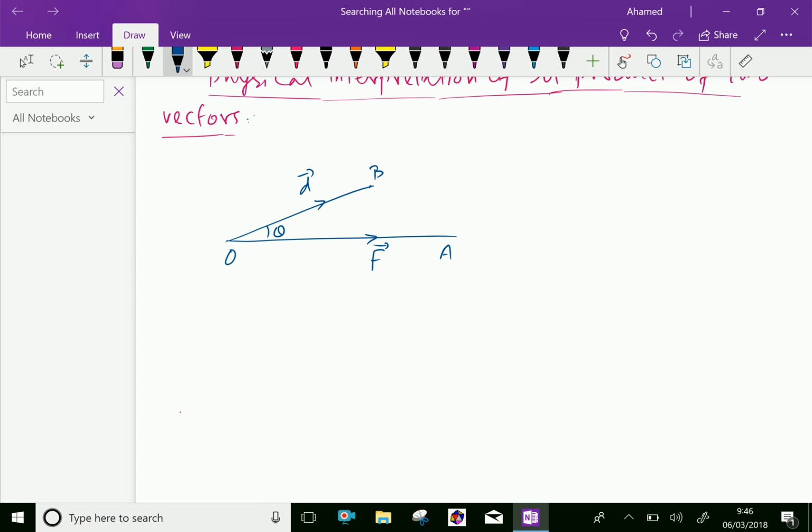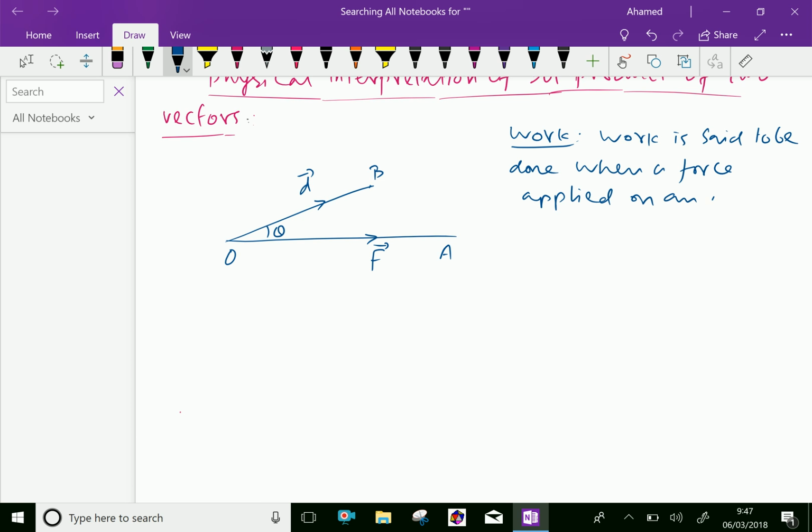Now let us define work first. Work is said to be done when a force is applied on an object and it tends to move.